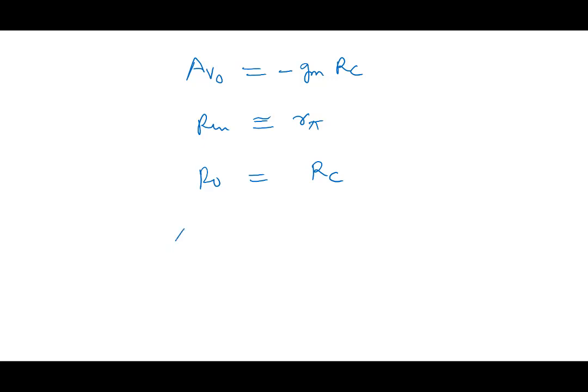Suppose I do the following: AV0 into Rn by R0. If I multiply them together, AV0 into Rn and divided by R0, what do you get? Let's put the magnitude of AV0. Beta into VT. Think carefully, what do you get?